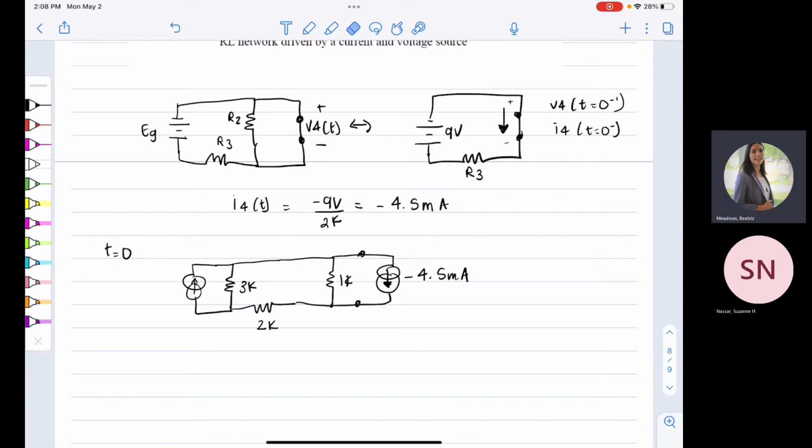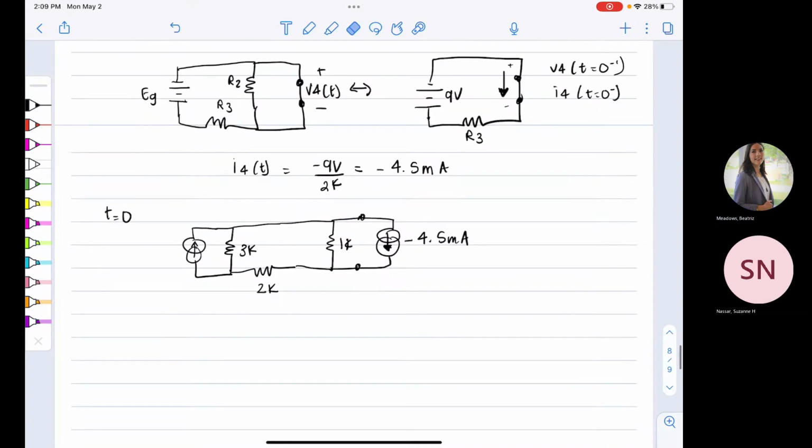But to find the voltage across that, I think the easiest thing to do, anybody has any ideas? We have two current sources. What can we do with current sources? We can also turn them into voltage sources.